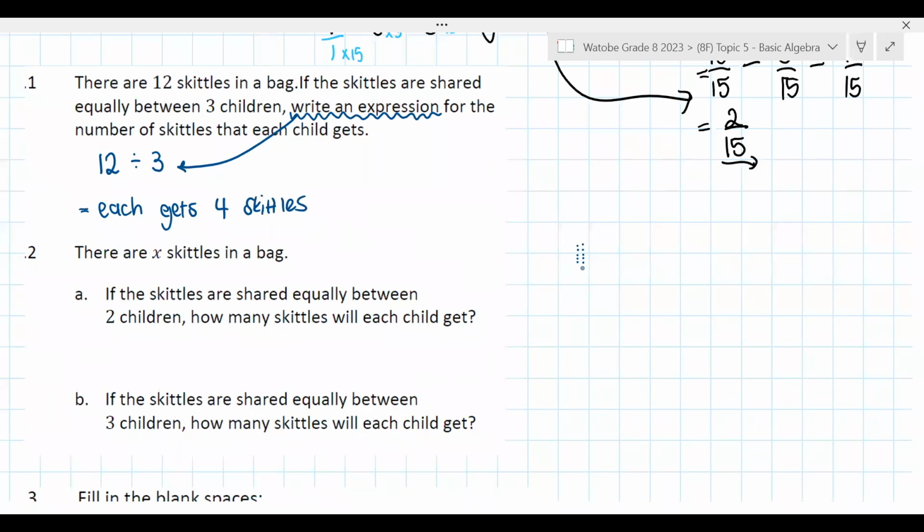When we're writing expressions, remember, we're not trying to find an answer. We're just trying to write down the method that we use.